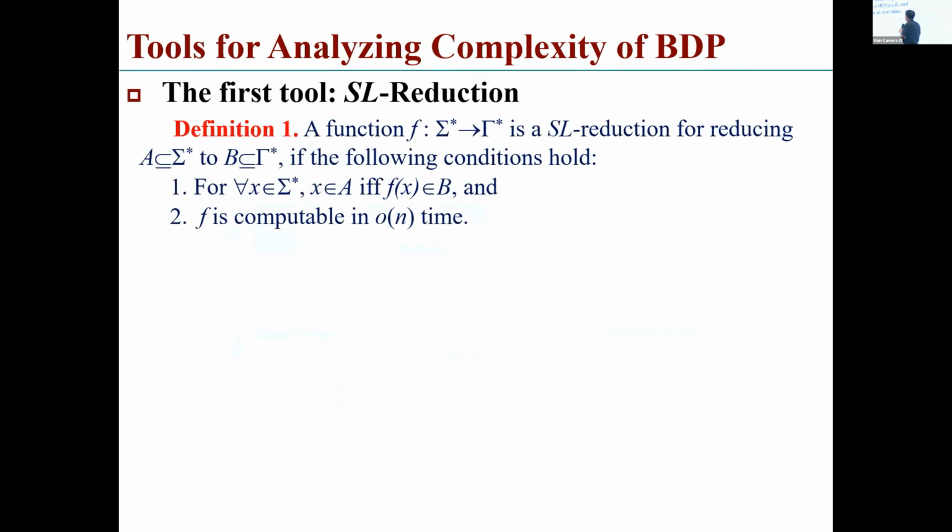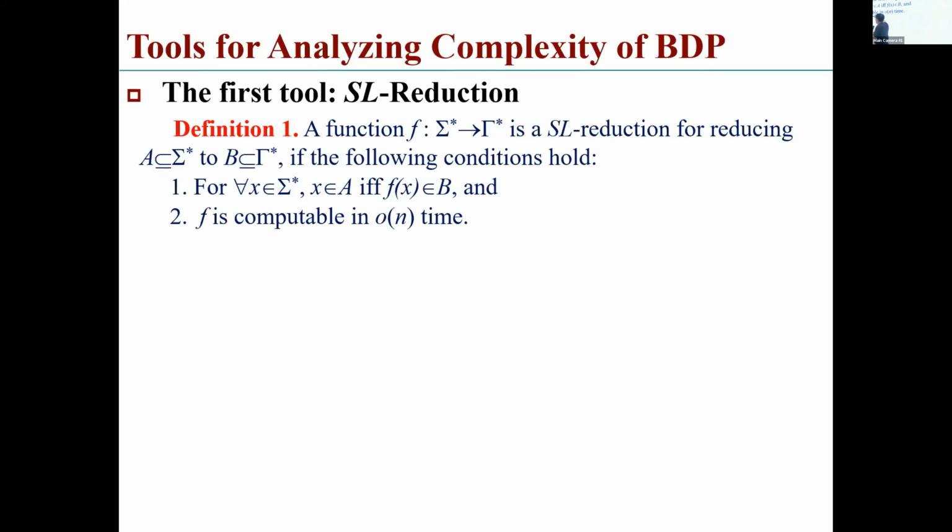For analyzing the complexity of big data problems, we developed two tools. One tool is SL, the sublinear reduction. We can say a function f is a sublinear reduction for reducing A to B if the following conditions hold.